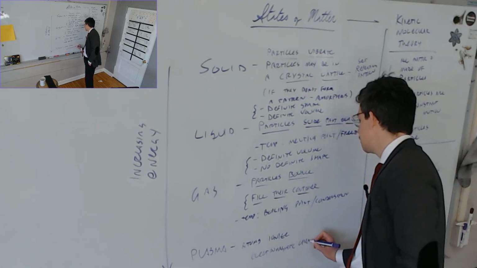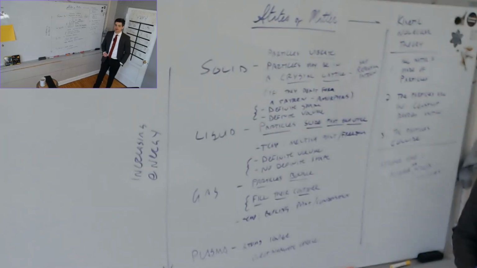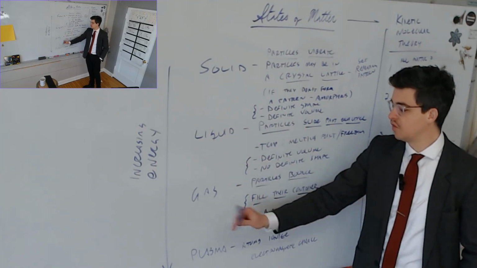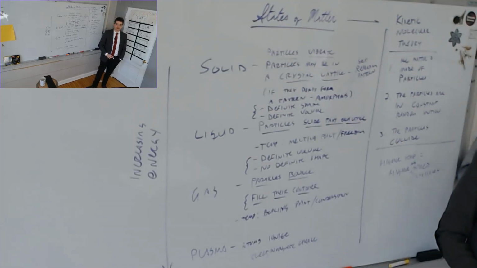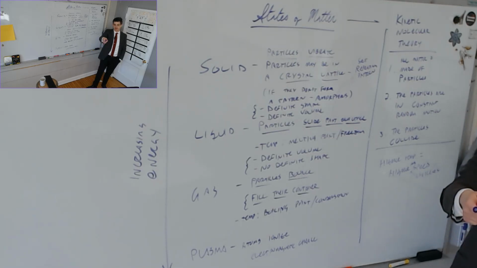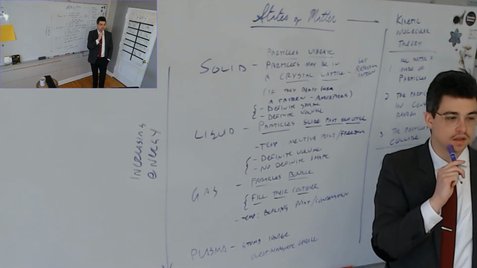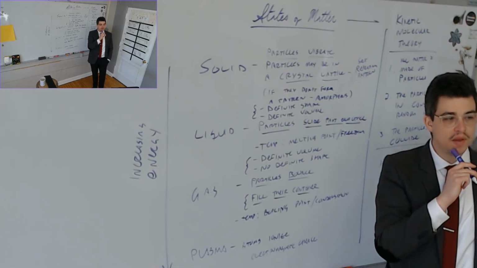Which of these do you think is the most common in the universe? It's kind of hard to say which one's the most common on Earth, but which of these four states of matter do you think is most common in the universe? It is plasma, Cody. Why do you think? What in the universe is plasma? No, not space. Cores. I'm sorry, what? No, they're not. Good. That's a good guess, though. A big thing about space.